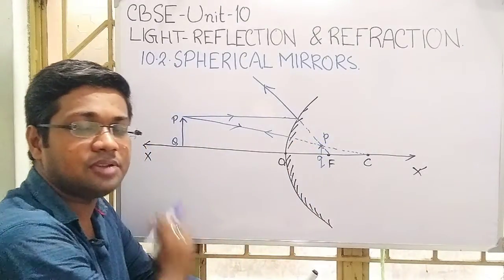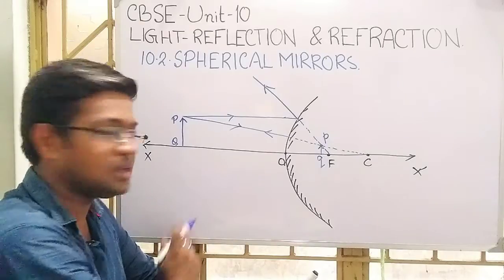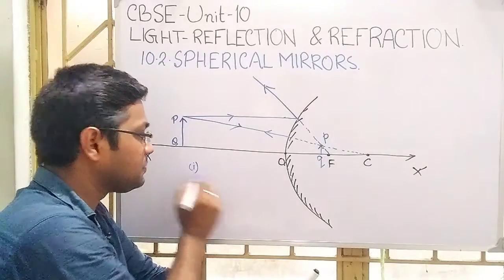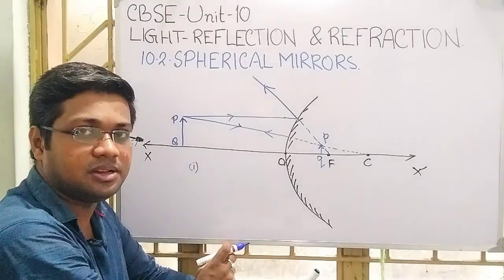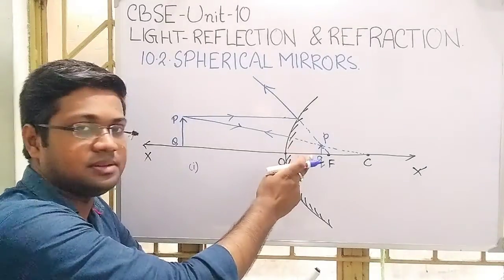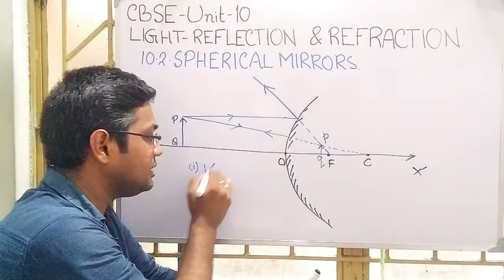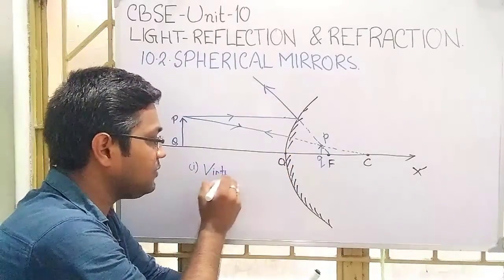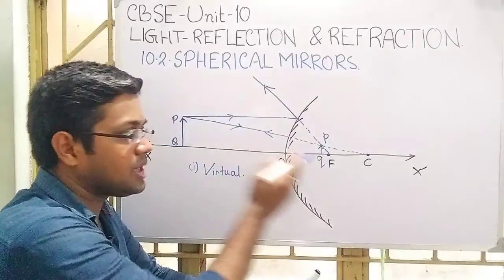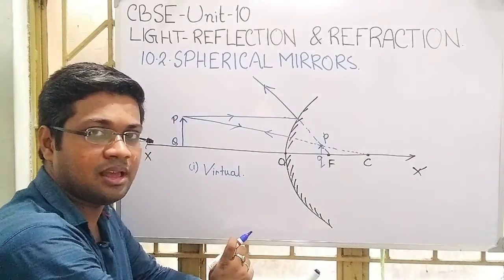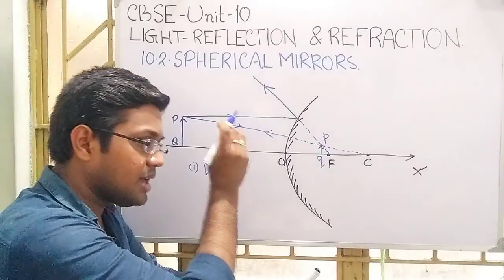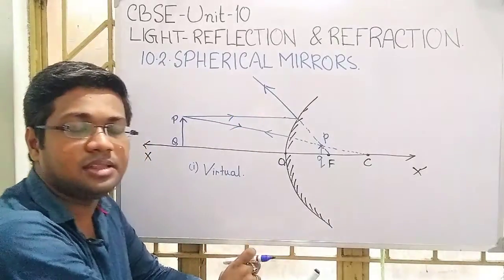Now let me write down the characteristics. Number one, is it real or virtual? It is virtual, because the rays do not actually meet behind the mirror, and we obtain this image by extending the reflected rays behind the mirror.